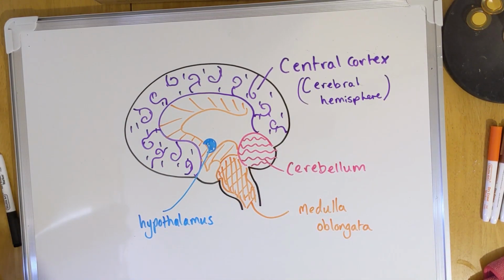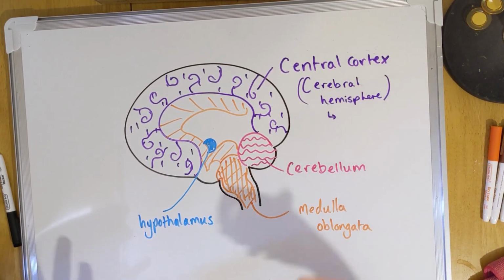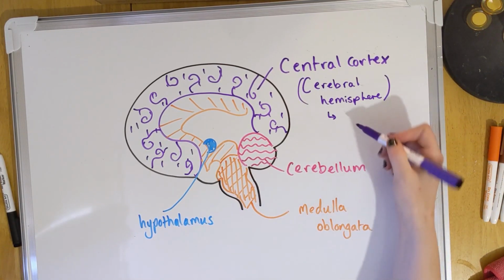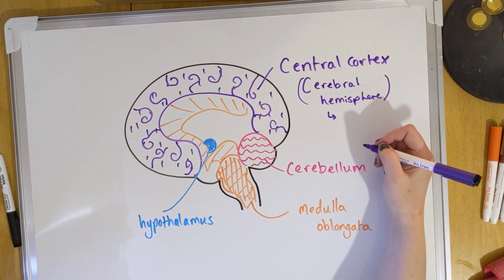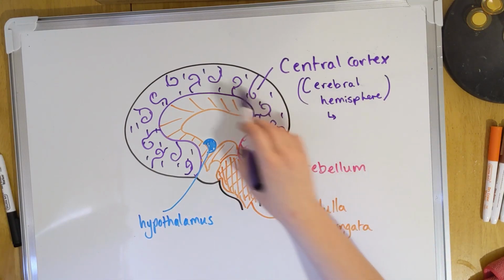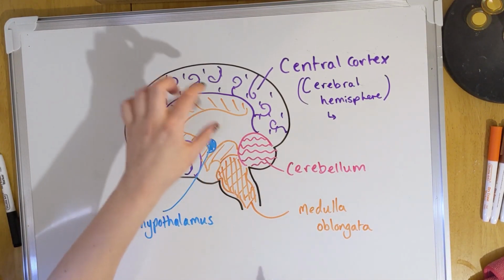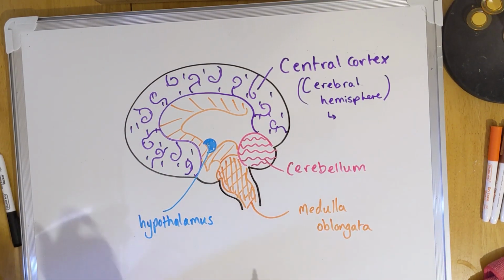Though, no joke, prunes are actually pretty good. This is what controls your intelligence, personality, consciousness, thoughts, all those high level functions. So the things that make you you are in this cerebral cortex area. Now the areas are split up into different regions, as you would have seen in the picture I put up before, but for now we just need to know this big area as the cerebral cortex.